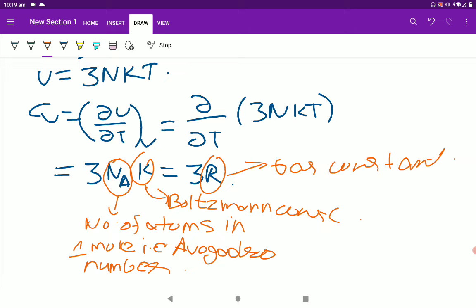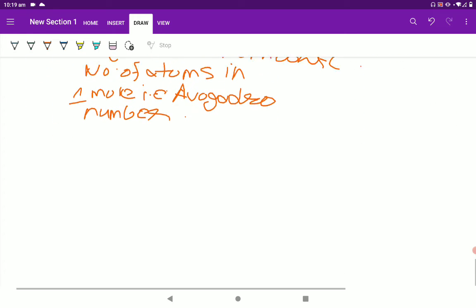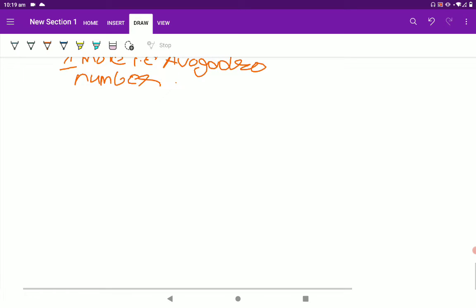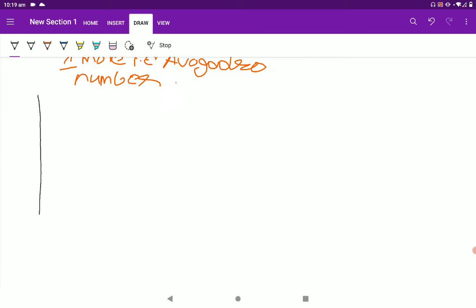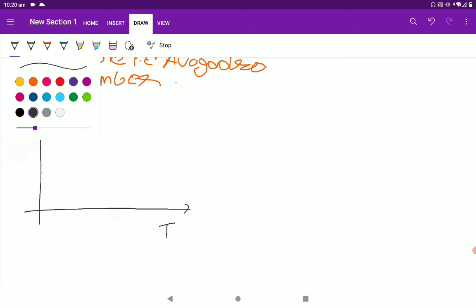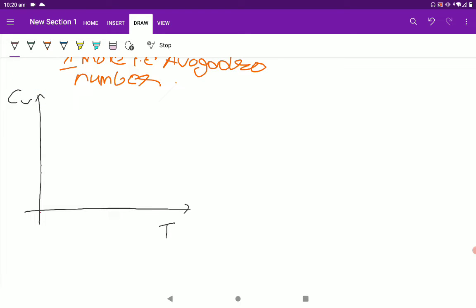Now let's plot the curve again. This is Cv and this is temperature. So the curve looks something like this.